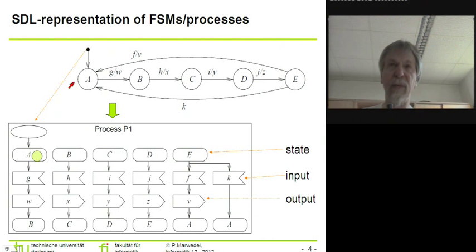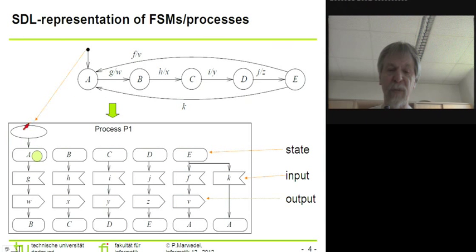So the state diagram that you see in the upper part of this slide is a variant of the finite state machine state diagram that we have already seen earlier. It's a variant because we have dropped the state Z, and we have also added outputs. Now this state diagram can be very easily transformed into the corresponding representation in SDL.